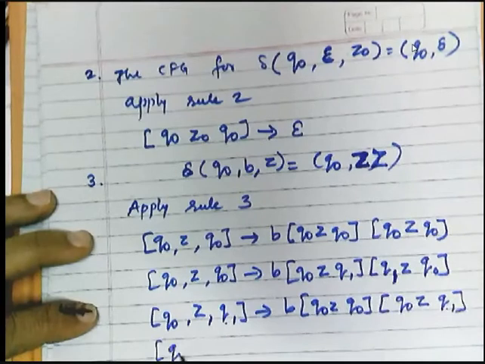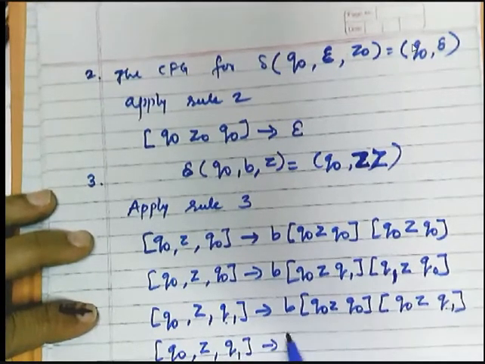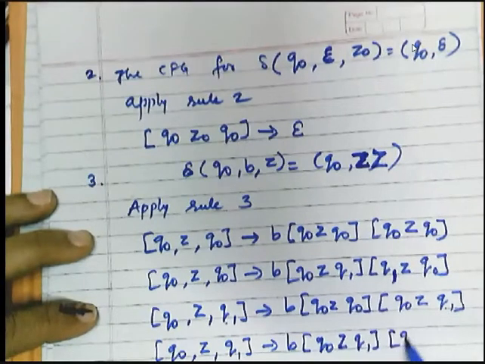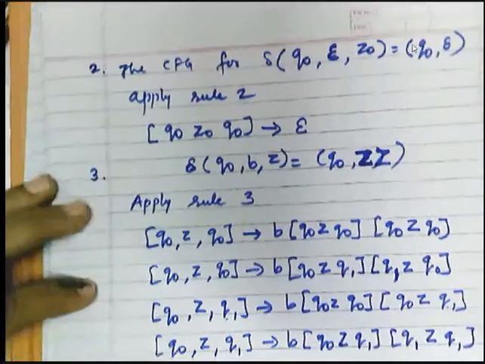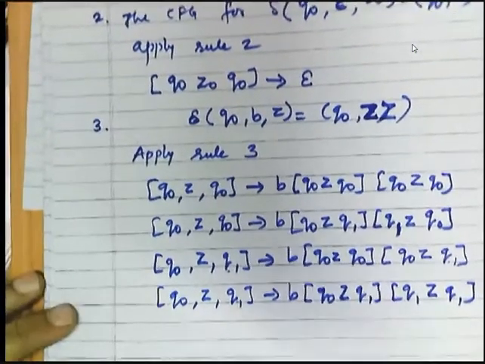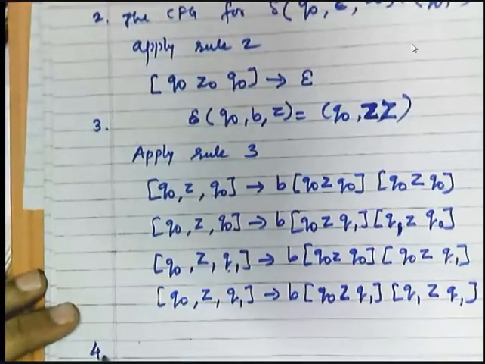Next, Q0 comma Z comma Q1 is producing B. Now it is Q0 Z Q1, Q1 Z Q1. So this will be your productions for this rule.